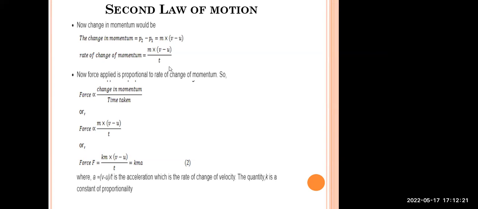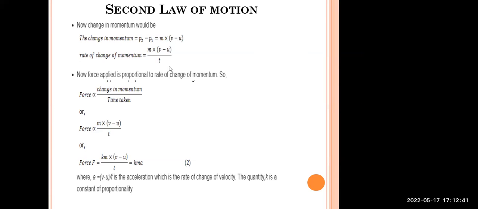Because when he does so, the fielder increases the time, right? Because the velocity of the ball is very high, and when the time increases, velocity decreases, right? Velocity decreases and the acceleration of the ball is also decreased.